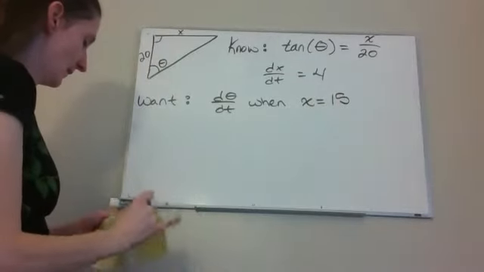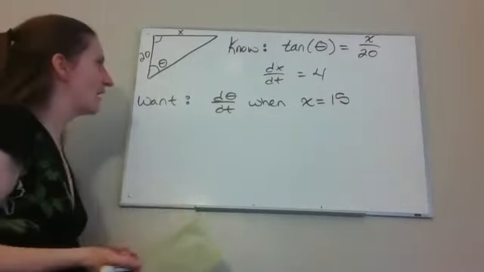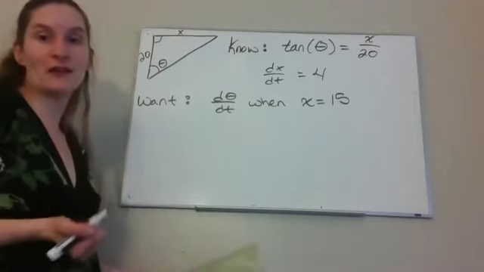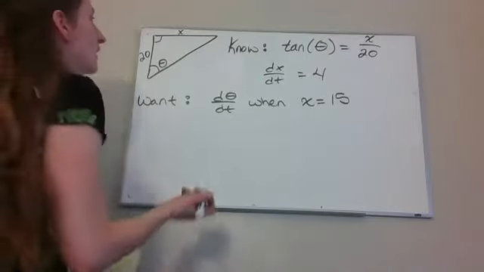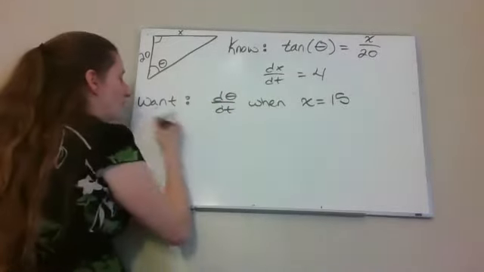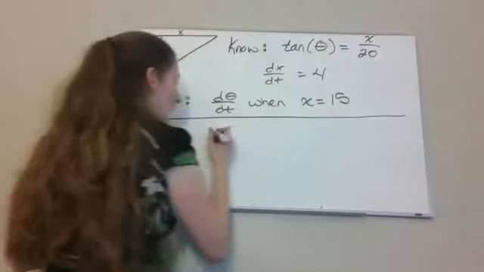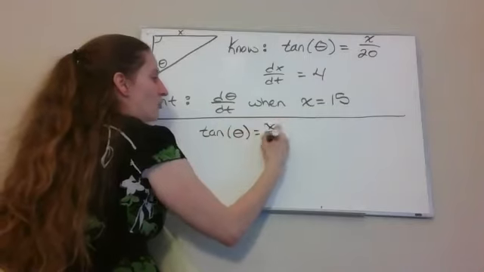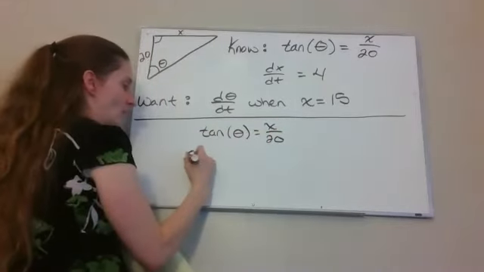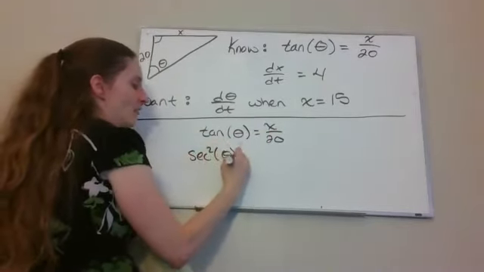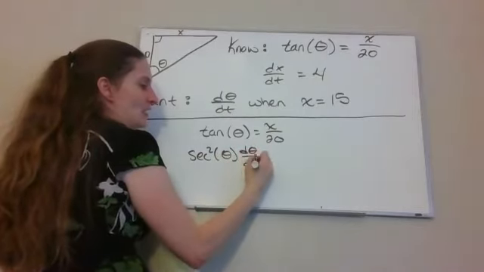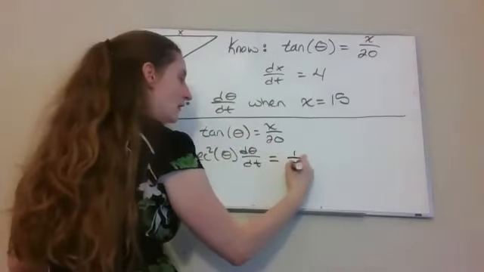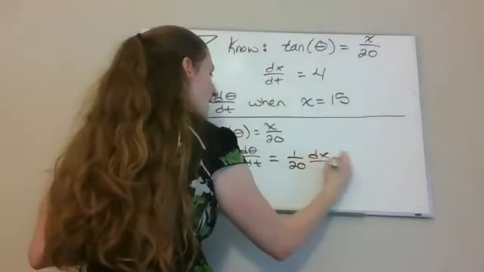So let's go ahead and just see what happens when we try to take the derivative, and see if we need to figure out any more information. If I take my derivative of tangent theta equals x over 20, my derivative of tangent is secant squared, and then I have dθ/dt equals the derivative of x over 20, which is 1 over 20, times dx/dt.